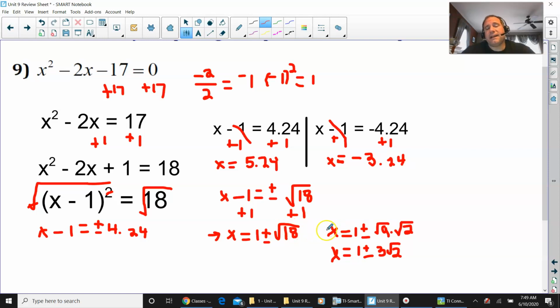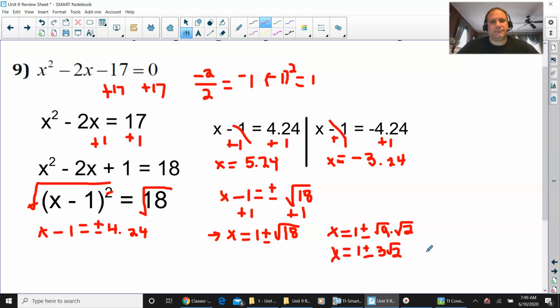The square root of 18 can be broken up into a perfect square and a non-perfect square: 9 times 2, which is 18, and the square root of 9 is a perfect square. So that would come out as 3 radical 2. So the final answer in simplified radical form would be x equals 1 plus or minus 3 square root of 2.